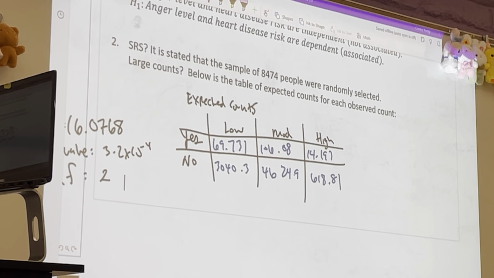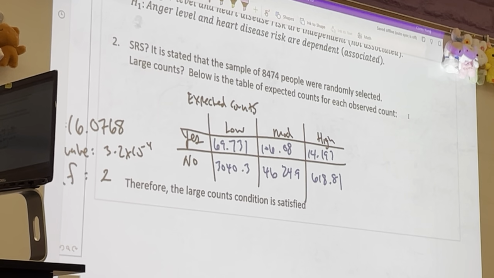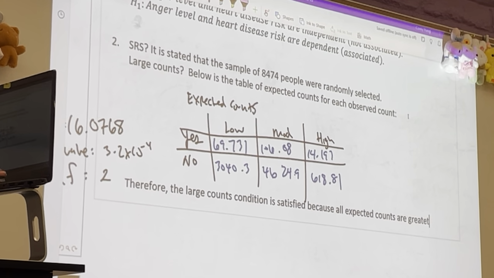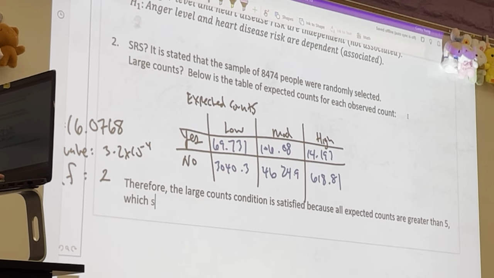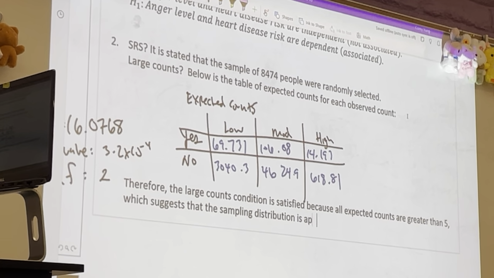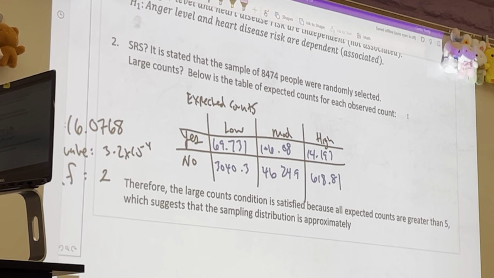Once you show them the expected counts, you're going to say, therefore, the large counts condition is satisfied because all expected counts are greater than 5, which suggests that the sampling distribution is approximately chi-squared.